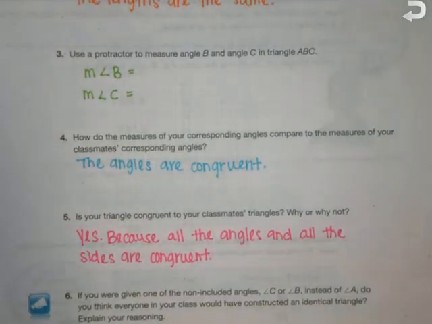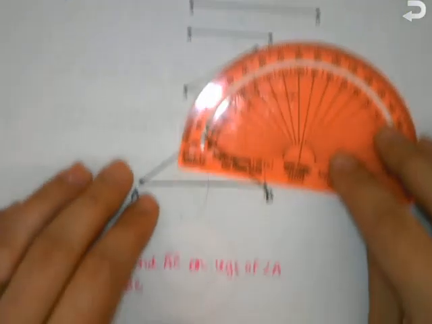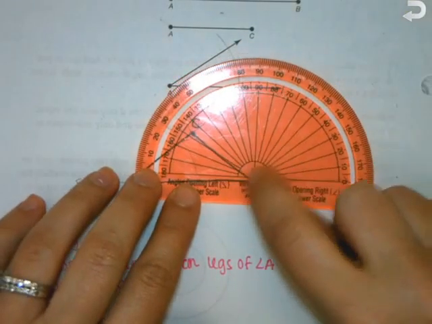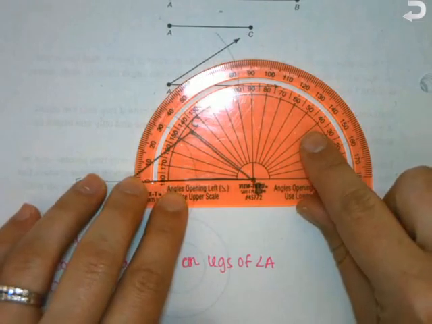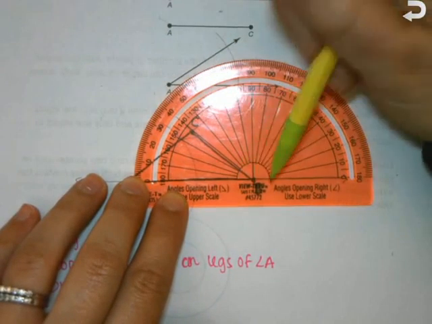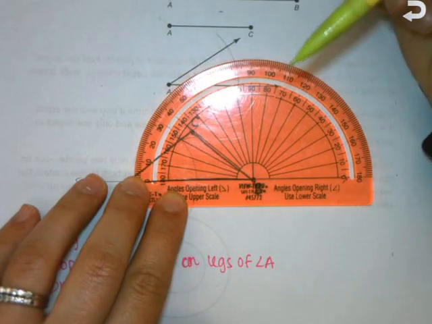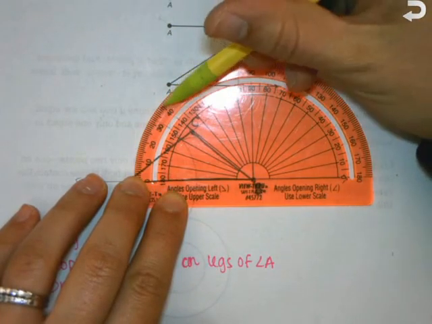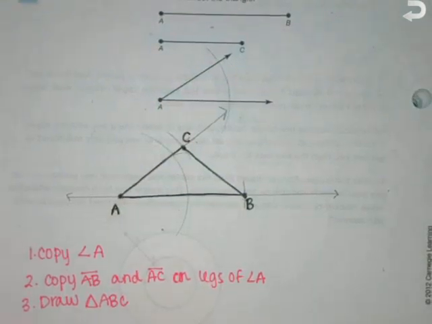So angle B, remember we put our protractor where it crosses right on the angle, make sure it's all lined up. Mine I'm getting 37. Everybody should be around 35 to 40, yes? Okay, so I got 37 on mine.